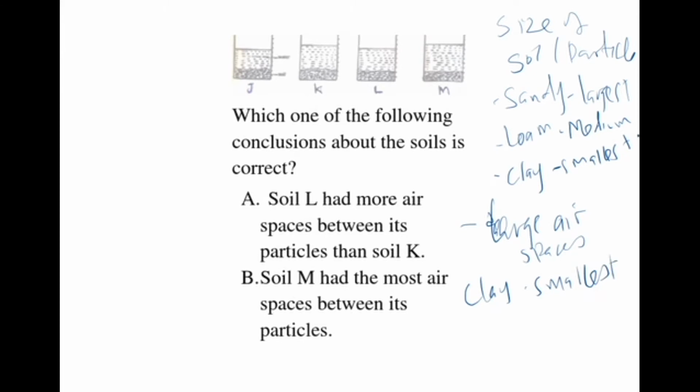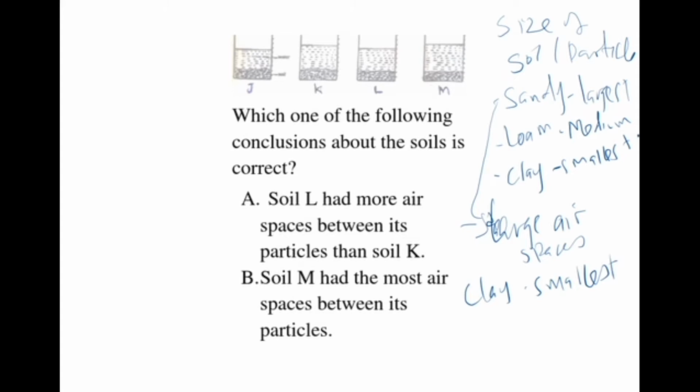Therefore, after water was poured in those soil samples and allowed to settle for some minutes, the levels of water after the air escapes went down. So the one with sandy soil, which has the largest air spaces, was the least, while the one that had the clay soil, which has the smallest air spaces, had the highest.